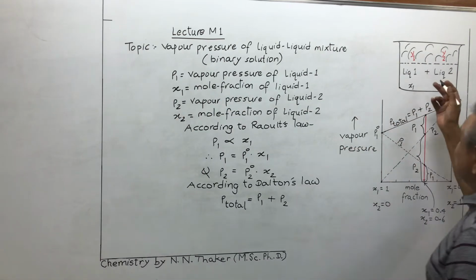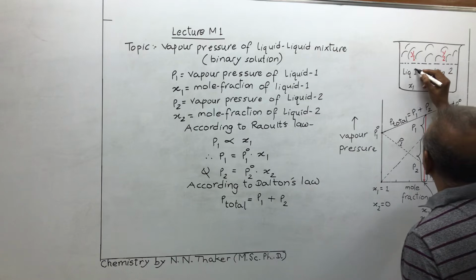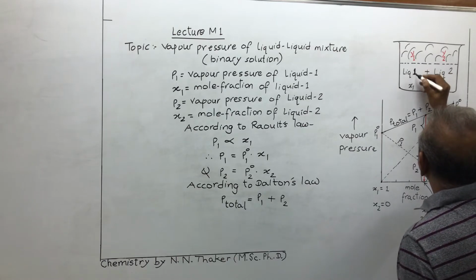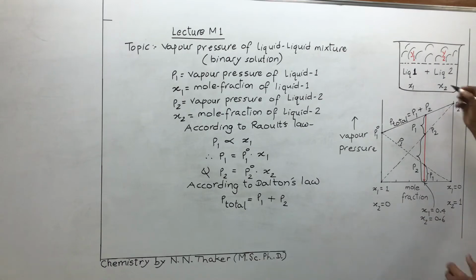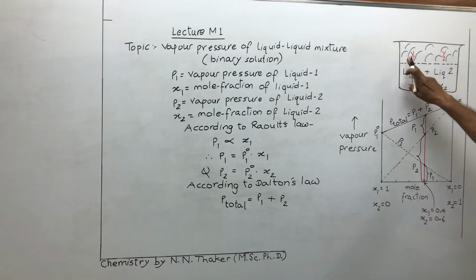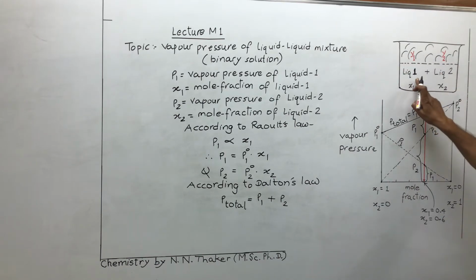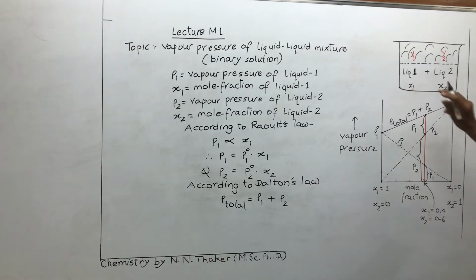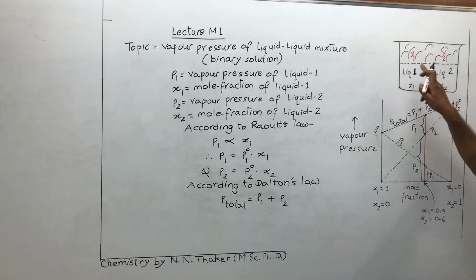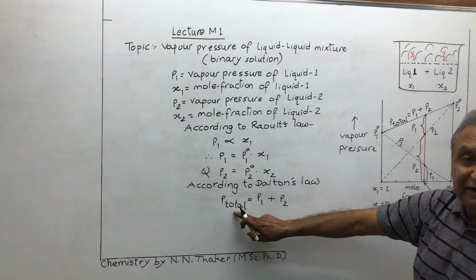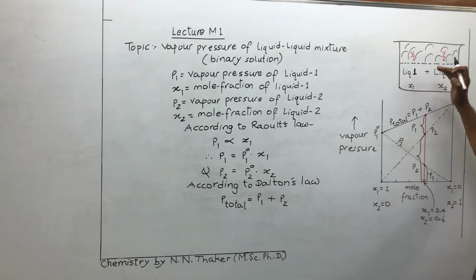Here I have tried to show that this is a liquid mixture and its vapors I have shown like this. This one is the liquid mixture, liquid 1 and liquid 2, and their mole fractions are x1 and x2 respectively. Now, vapors are formed. The total vapors will exert the pressure, P total, the total vapor pressure on the surface of liquid mixture.